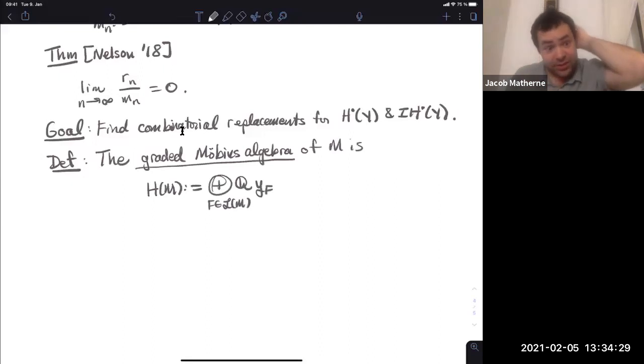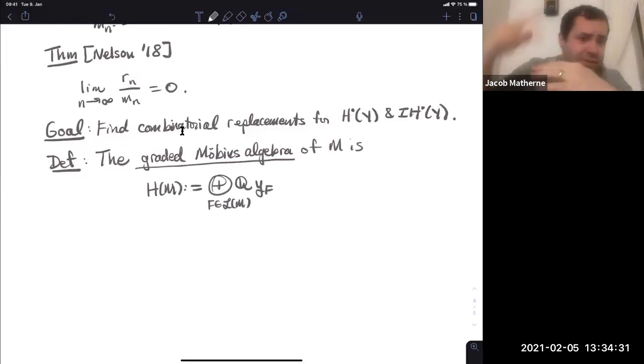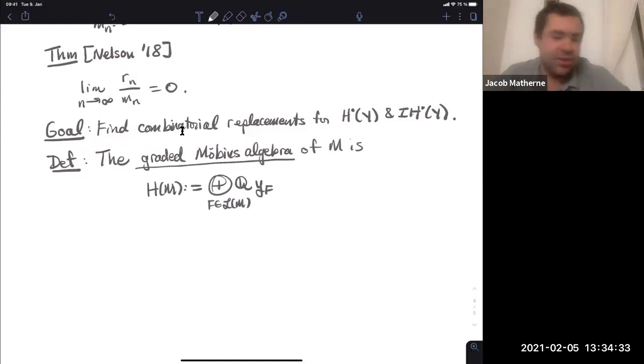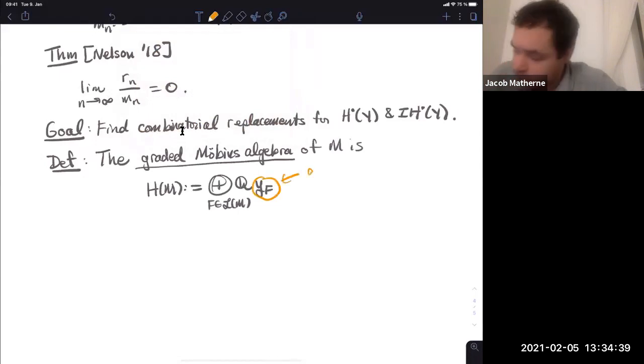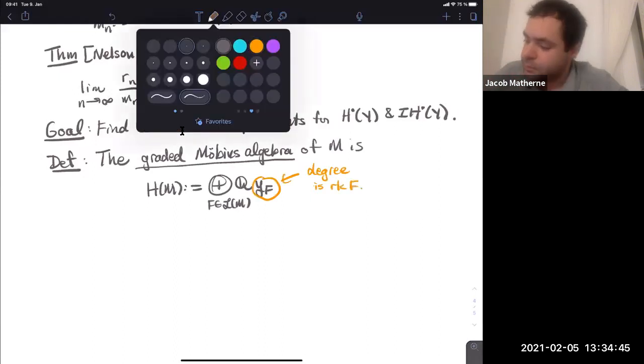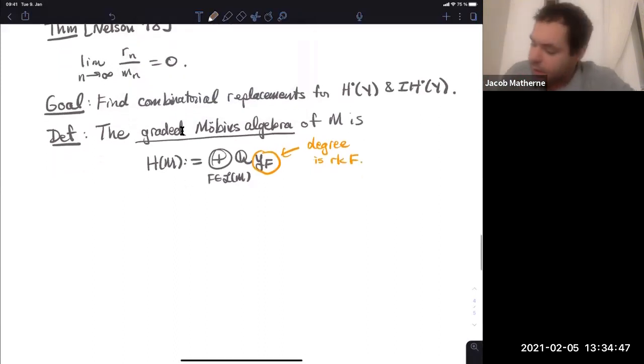I'm writing L of M now because it's the lattice associated to the matroid M, but you should think of L of A, the same thing I was writing before. And I'm going to place this guy in degree equal to the rank of the flat. Okay, and now it's an algebra.